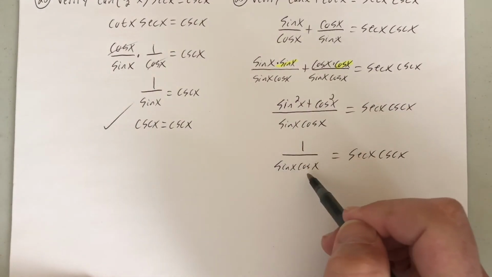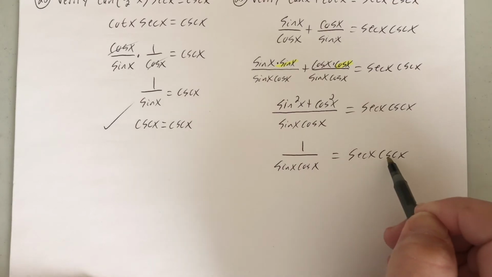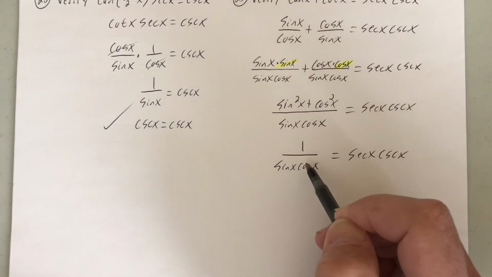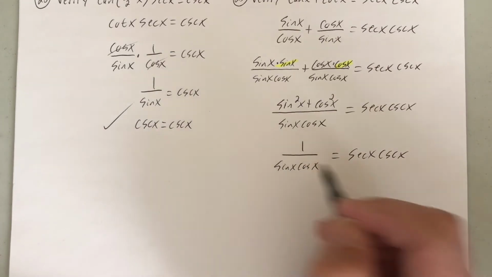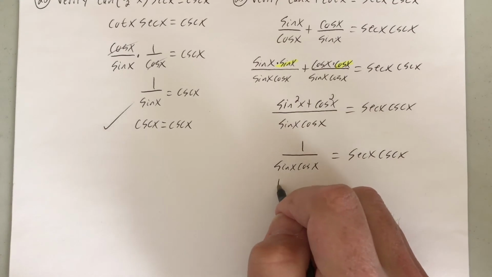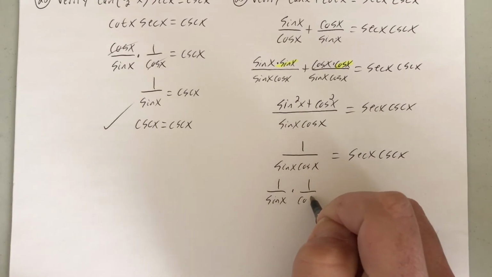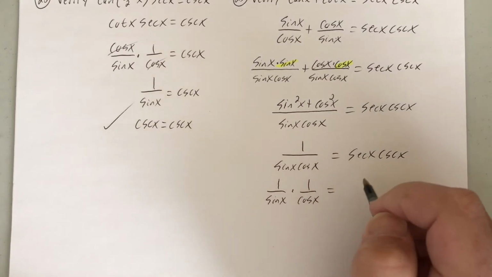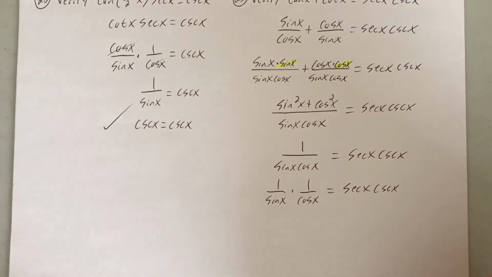So if I have this right here, this is 1 over cosine, and this is 1 over sine. And that's kind of what I have here, but I got to split this off so I can show that. So this right here is the same thing as saying 1 over sine x times 1 over cosine x is equal to secant x cosecant x.